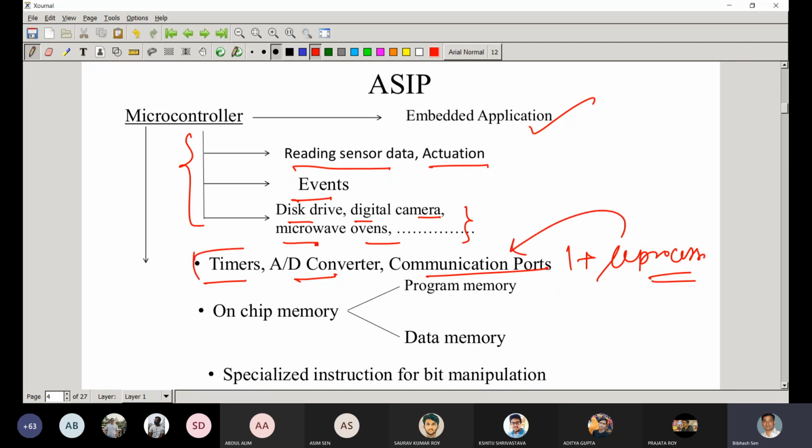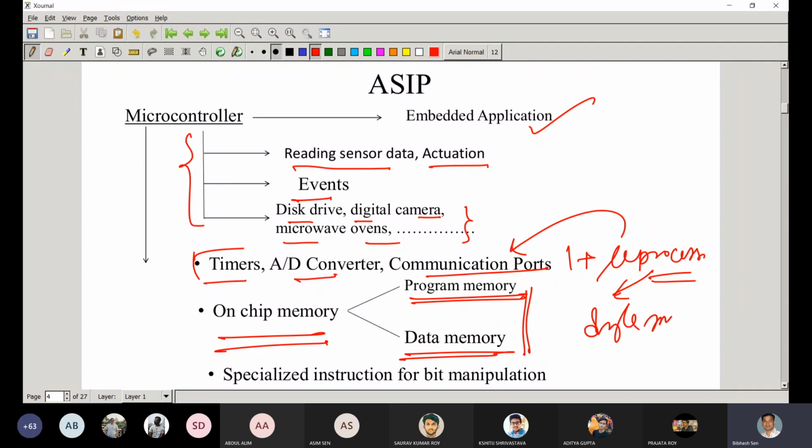Additionally, you will get on-chip memory. It can be program memory or data memory. Generally in the microprocessor the on-chip memory is mostly a single memory, but it can be separate also if it is a hybrid architecture. And specialized instructions for bit manipulation, through which we can generally operate the port.